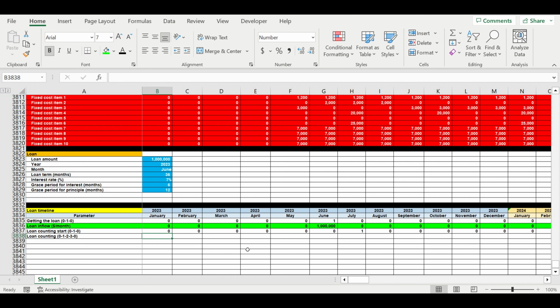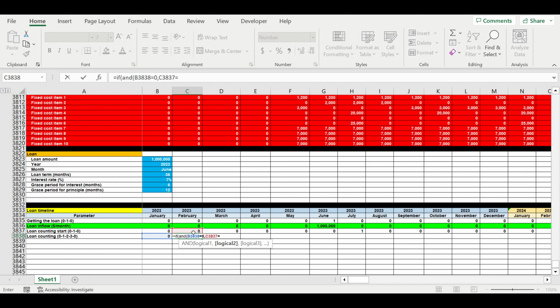So for the first month we'll do this. If this equals 0 and this equals 0, then we put 0, otherwise, if the second condition, this equals 0 and this is more than 0, then we put 1.